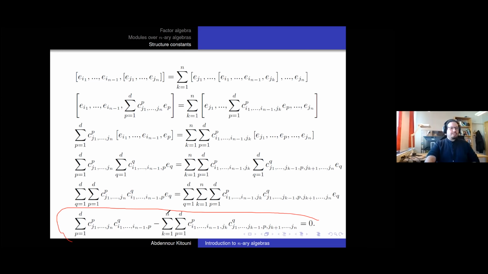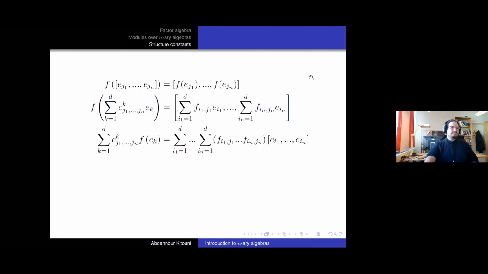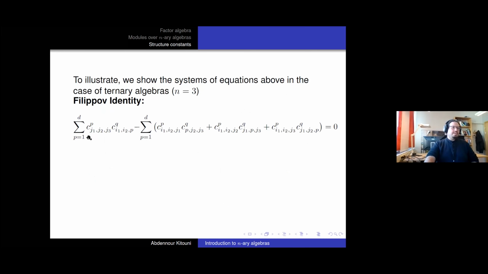And here the sum from 1 to n would be a sum from 1 to 3. So I would have 3 of these. So this is the form it takes.